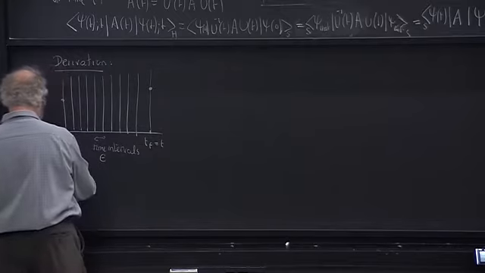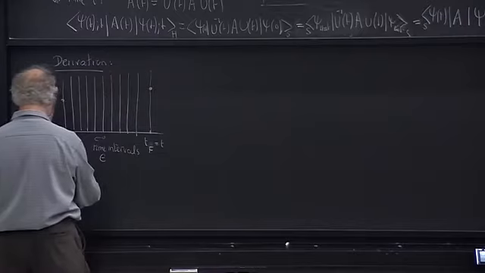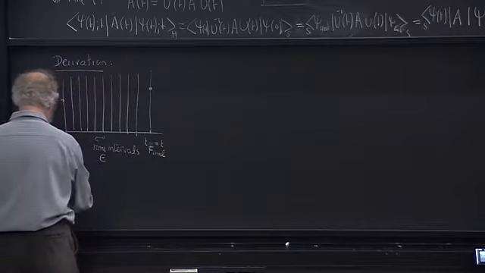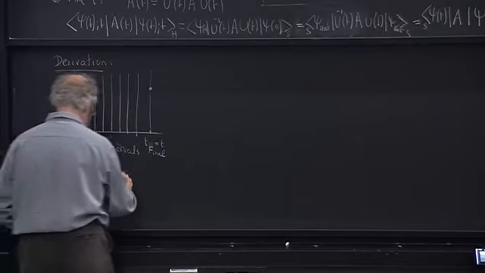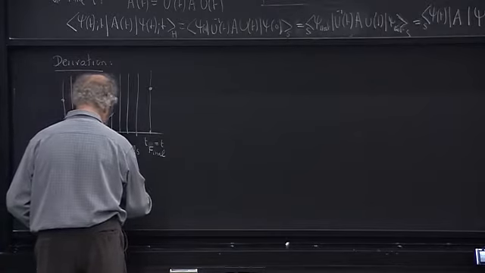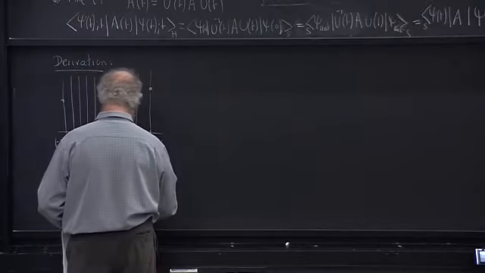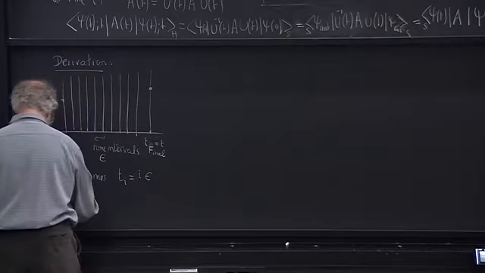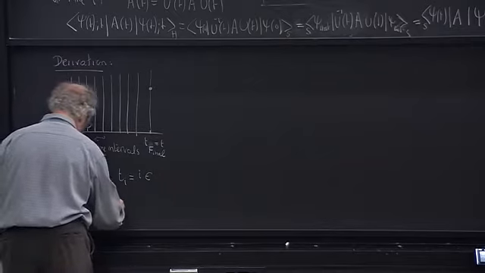So this is time initial, and this is time final, so that we have discrete times that I'm going to call t_i, which is i times epsilon, with i going from 0 to n, where n is t divided by epsilon.